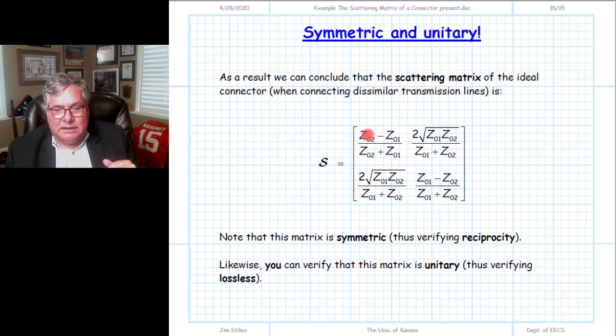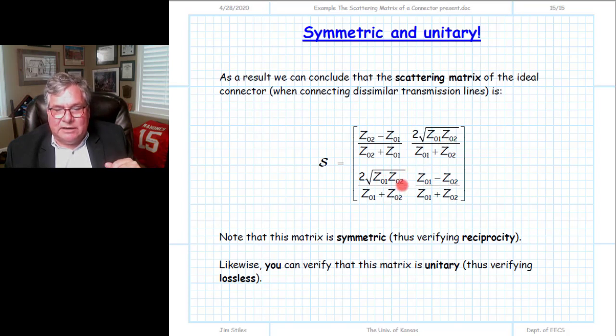First of all, we look at this element, S11. If Z02 and Z01 are equal to each other, clearly the numerator is 0, and this value is 0. As with S22, if the two characteristic impedances are equal to each other, this value S22 would be 0, as it must be according to our first analysis. What about the off-diagonal elements?